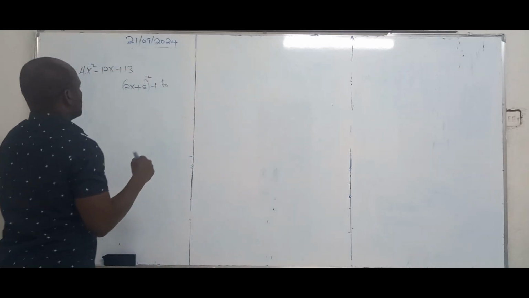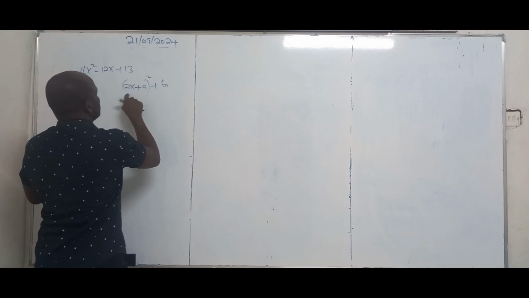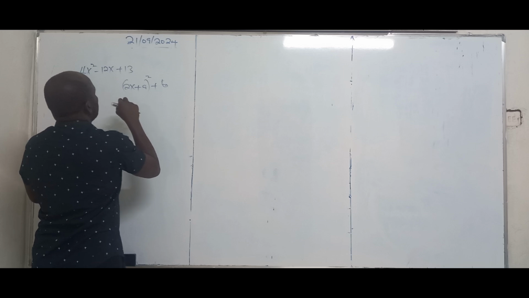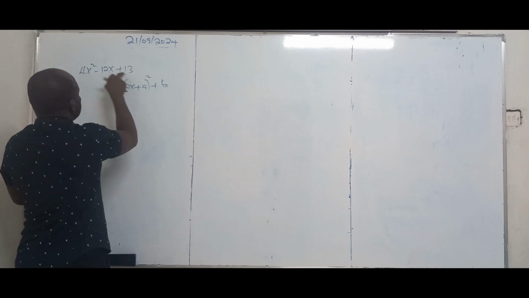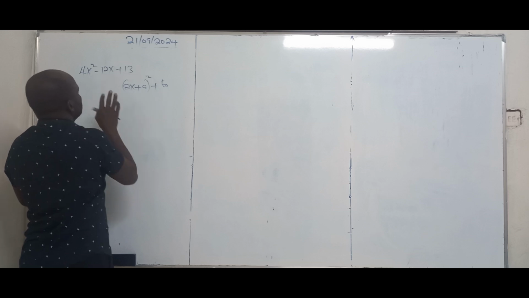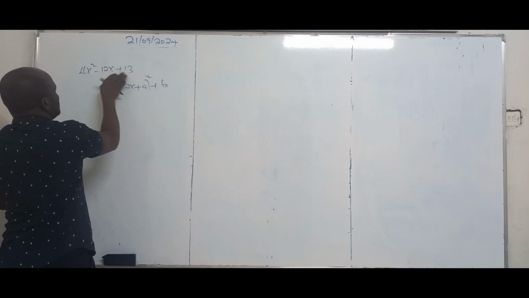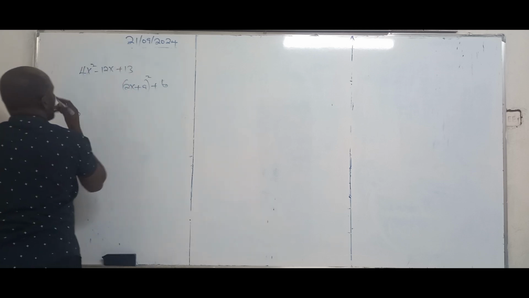For us to be asked to express it in this form, it means that this particular bit is a perfect square and this is not. And so we seek to write this in a manner that we make part of it a perfect square and remain with another one. Okay, the procedure is as follows.